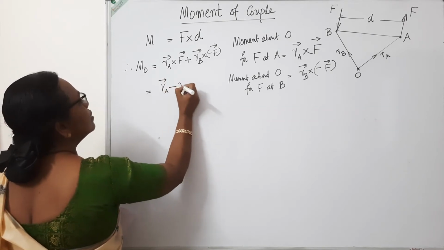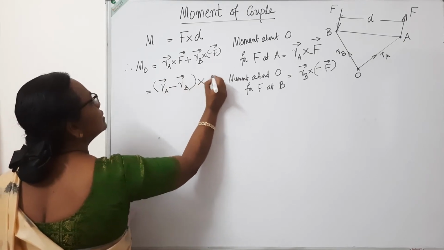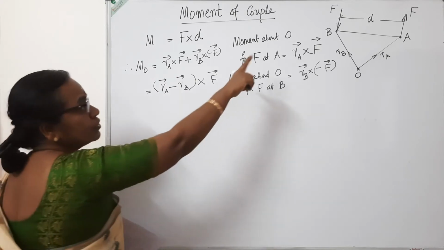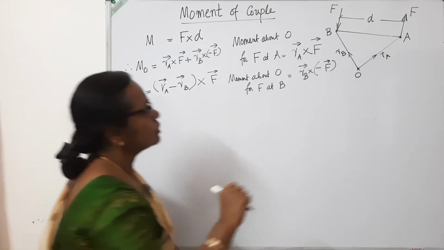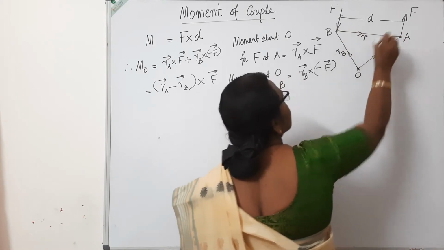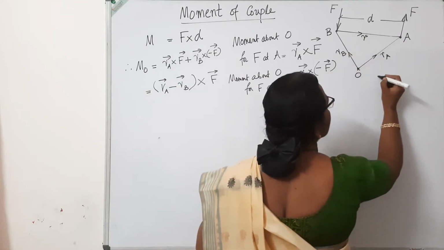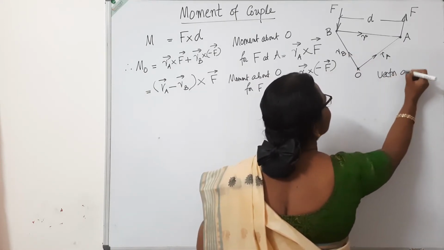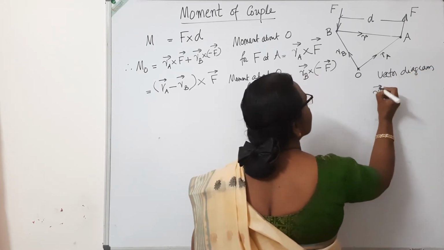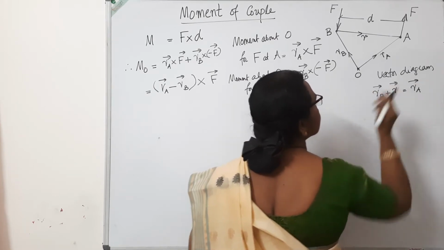That can be rewritten as RA minus RB cross F. Look into that vector diagram. If I mark this as R, from this vector diagram, RB plus R is equal to RA, you know.